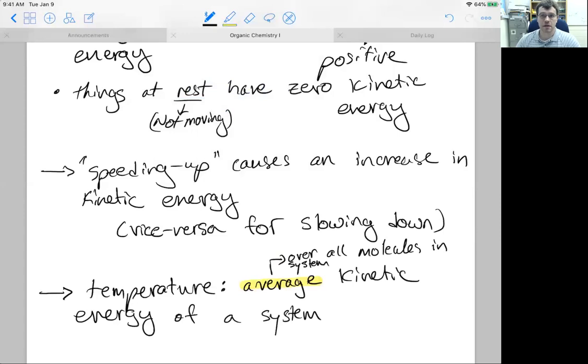They're moving around within our system, bouncing around, jostling, gyrating, rolling over each other. And as a result, they're all moving and they have some kinetic energy. What we're saying is we are taking the average kinetic energy of all molecules in the system, and that average kinetic energy amounts to the temperature. And that's really what a thermometer is measuring.